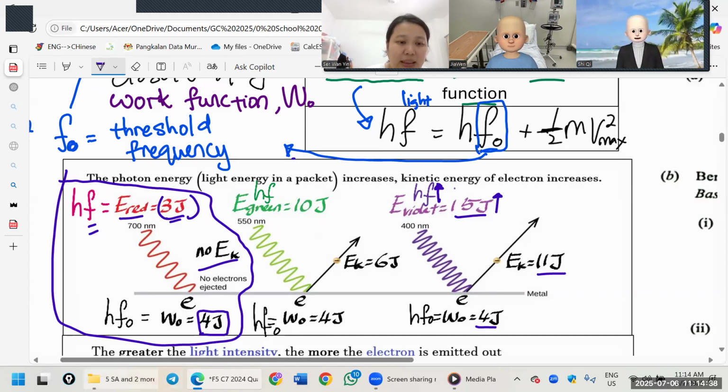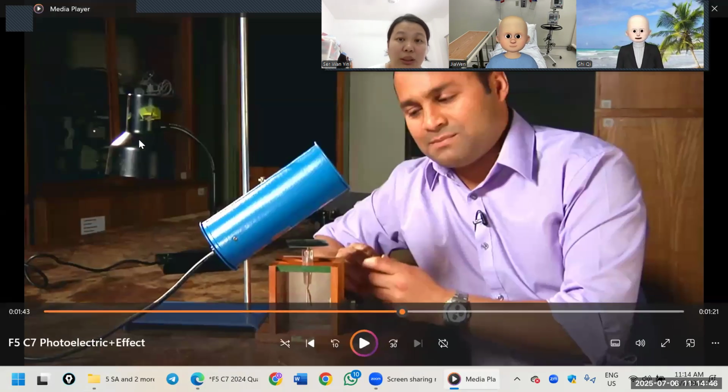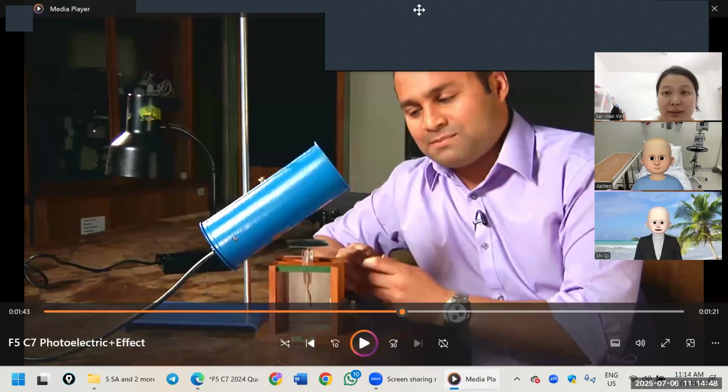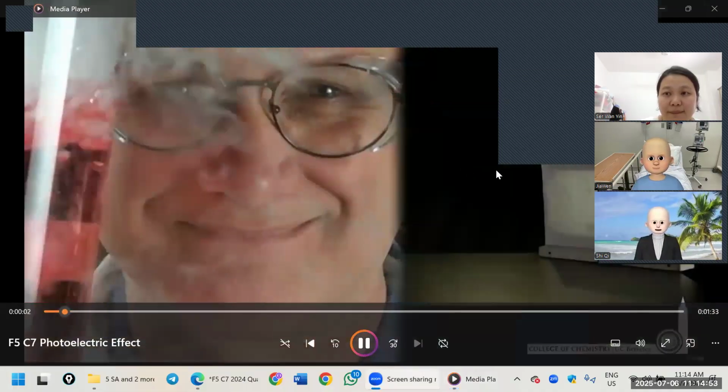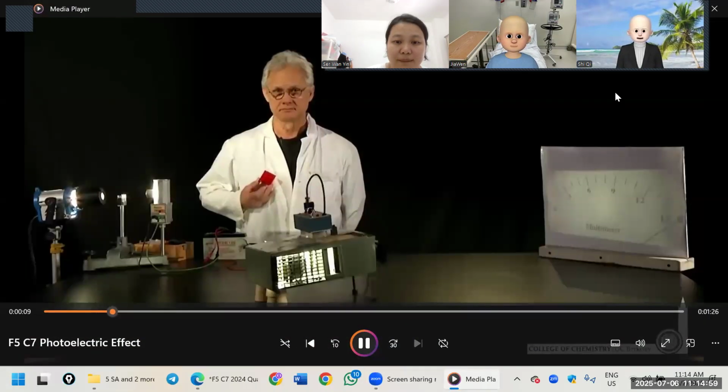Like, let's see. Lonnie. Yeah, thanks to Lonnie, Lonnie showed us the experiment. We're in the demo lab with Lonnie, where he set up a photoelectric effect experiment. He has white light impinging on a metal.